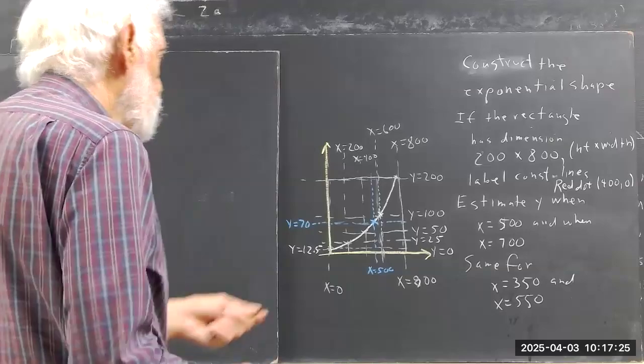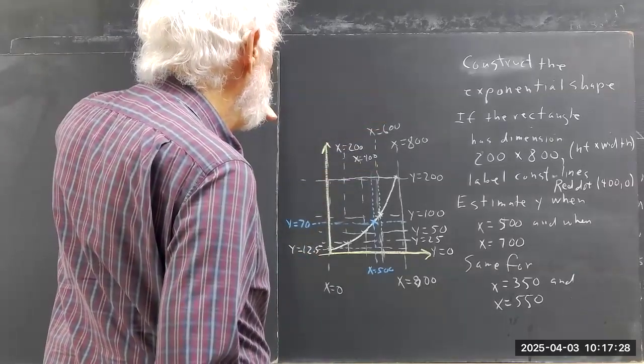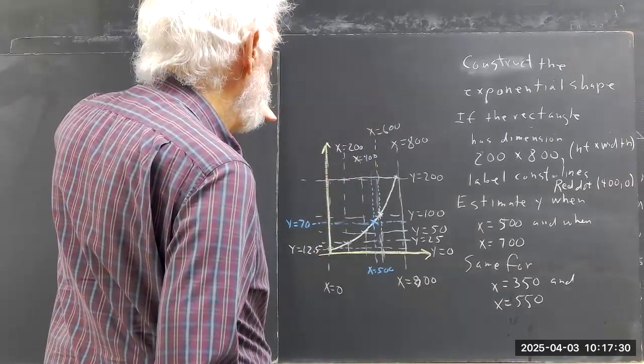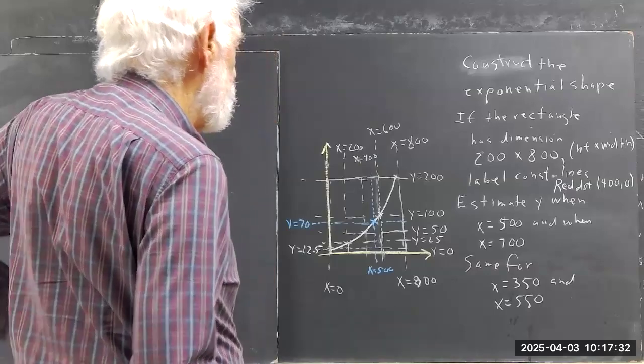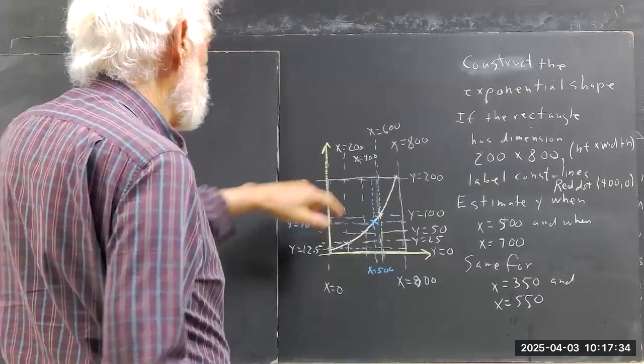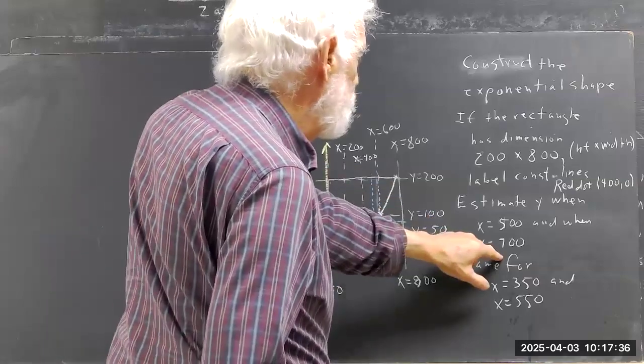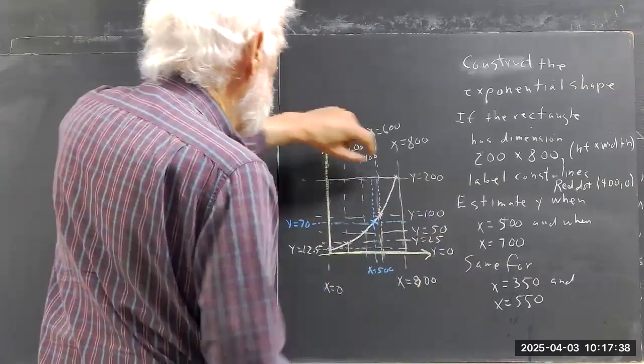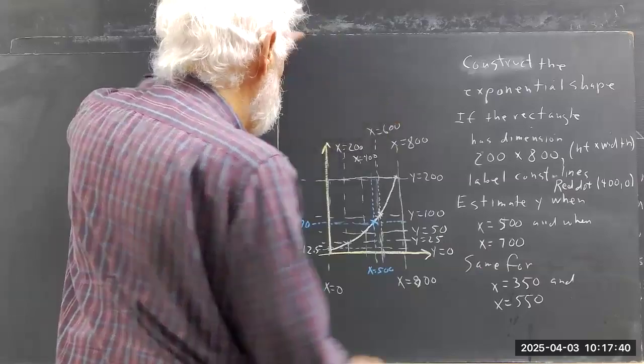So that was supposed to be x equals 500, x equals 700. X equals 700 would be halfway between 600 and 800.